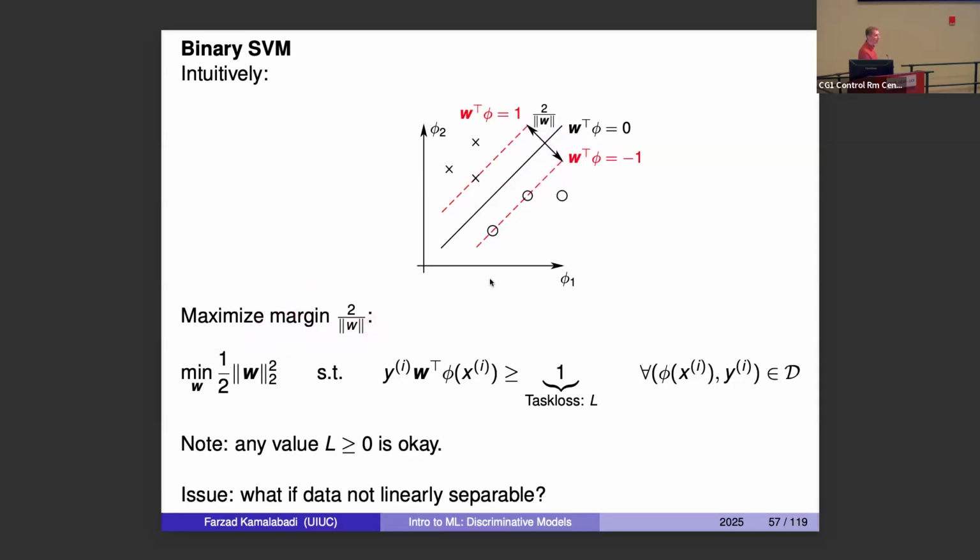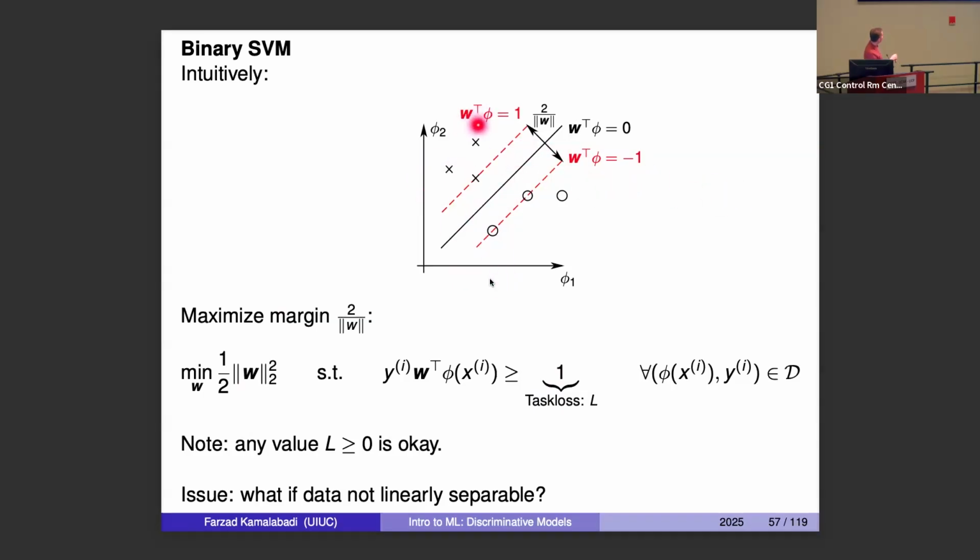You want to maximize this margin. You want to maximize the difference between these two. And you also want to find a low energy minimum norm solution. So you want to find the smallest weights, W, just like we did before. But you want the product of Y times W transpose times phi to be greater than or equal to, it can actually be any number greater than 0, in order to declare this class being the correct one or the other one.